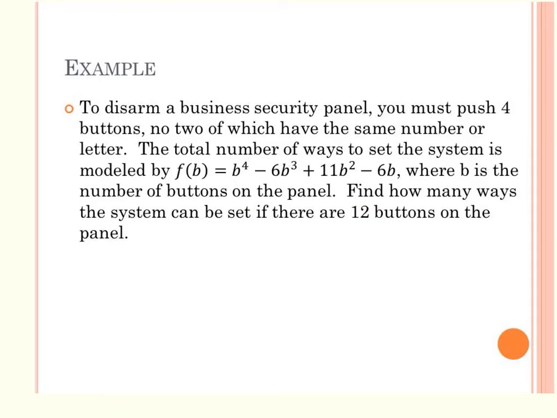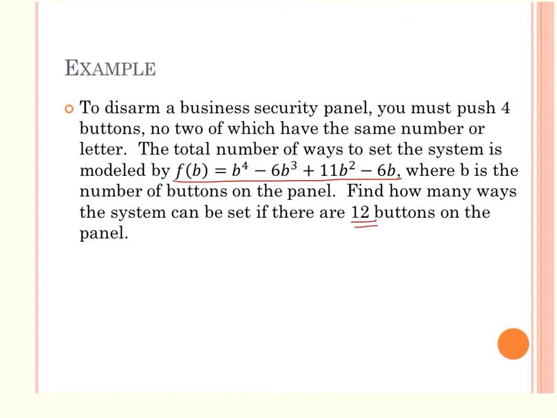Okay, I don't want to work out this word problem just for the sake of time, but just to show you, to disarm a business security panel, you must push a 4-digit button, and it tells us that the total number of ways to set the system is modeled by this function here, and B is the number of buttons. How many ways can the system be set if there are 12 buttons?